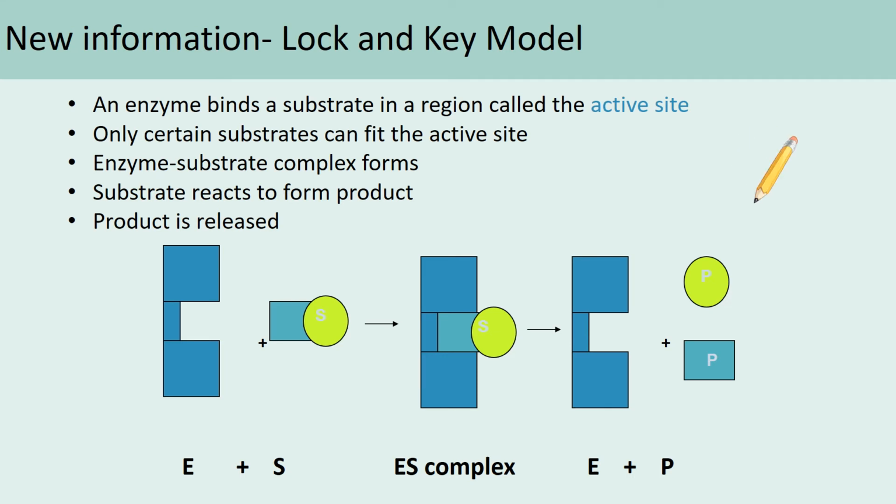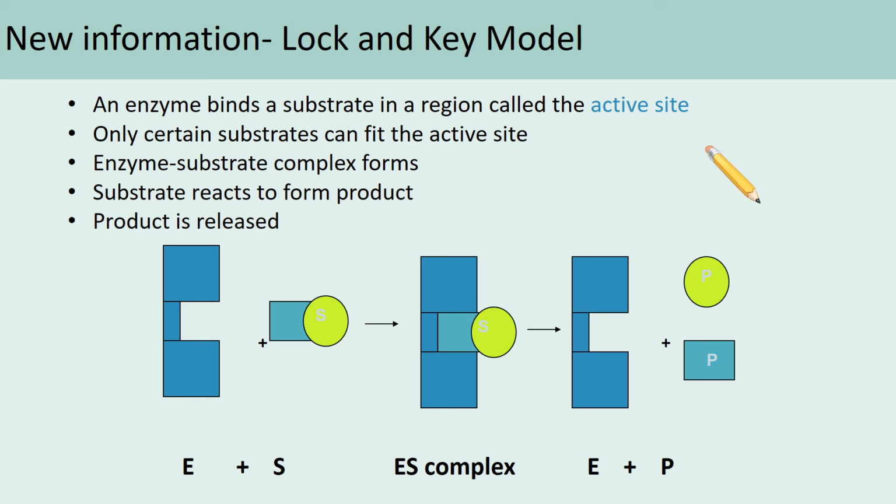So when they're joined together at that active site, that forms an enzyme-substrate complex. And when that happens, chemical reactions happen and the enzyme will form products, okay, which is what the P stands for.